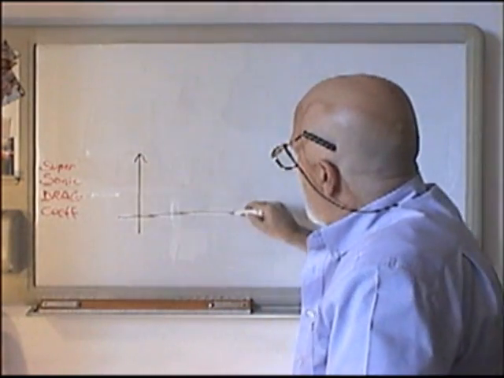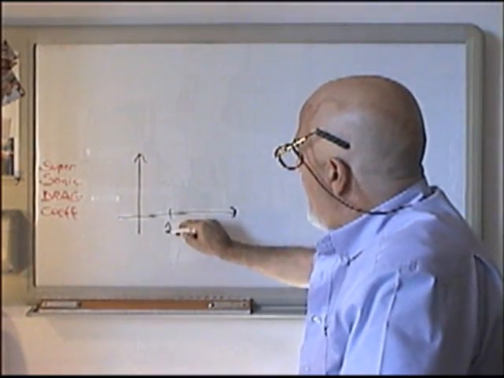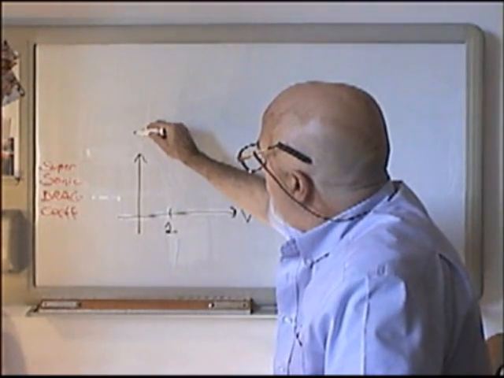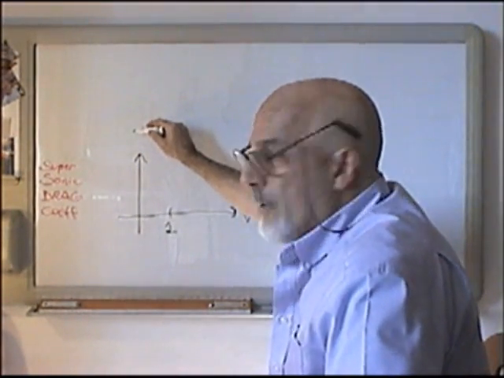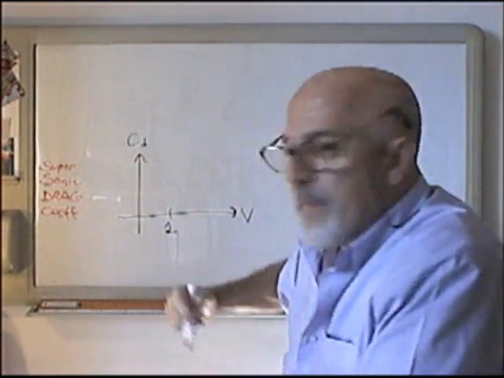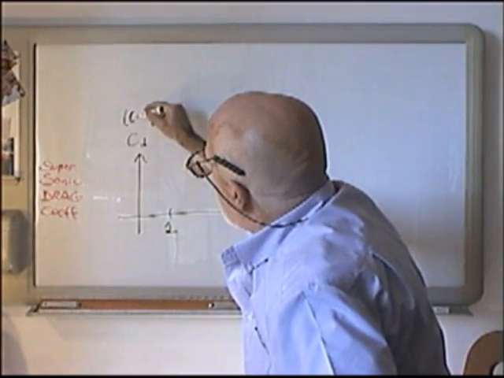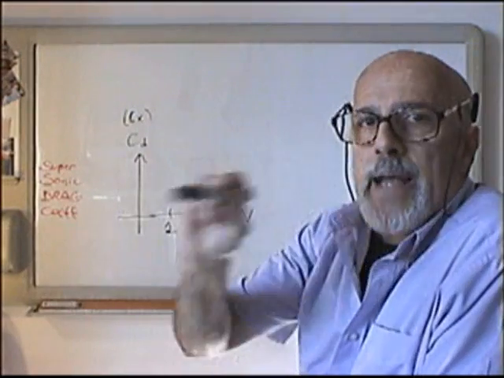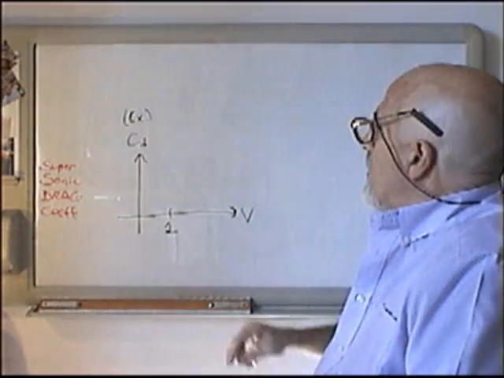a plot like this and saying this is Mach 1, this is the speed, velocity, and this is the drag coefficient, CD, coefficient of drag, also known as CX, because it's the coefficient in the x direction, in the movement direction.